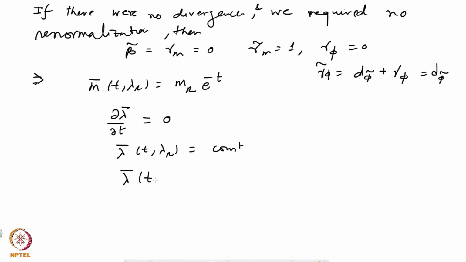When you put the boundary condition, λ̄ at t equal to 0 is λ_R, so that constant is λ_R. So you see that the effective, or running, coupling constant does not really run if you do not need renormalization, but still the running mass goes down. It decays rapidly with increase in t.